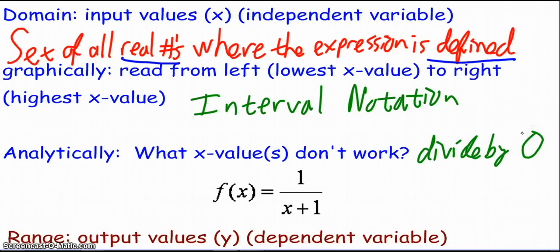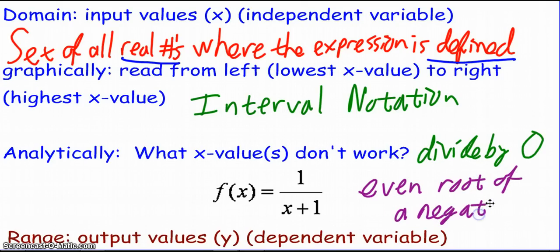So what is going to make this have a 0 in the denominator? Or if I have an even root of a negative. So obviously this function doesn't have a root, but if I had a square root or a fourth root or a sixth root, any even root of a negative, then I'm going to get non-real numbers. So in this case, the only thing where the expression is not going to be defined is if x is negative 1.